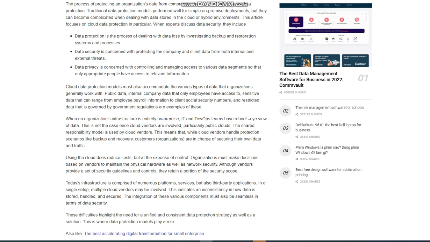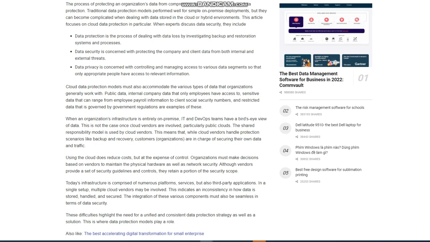Data privacy is concerned with controlling and managing access to various data segments so that only appropriate people have access to relevant information. Cloud data protection models must also accommodate the various types of data that organizations generally work with.